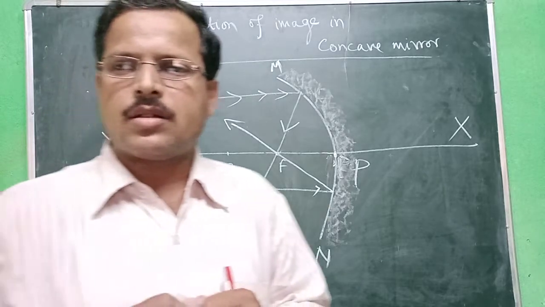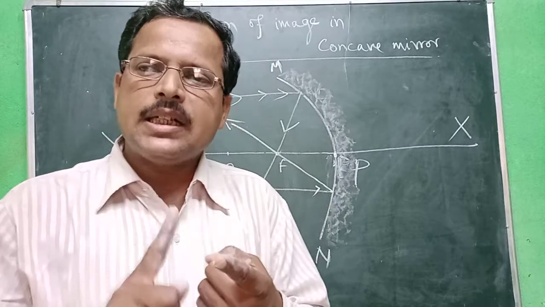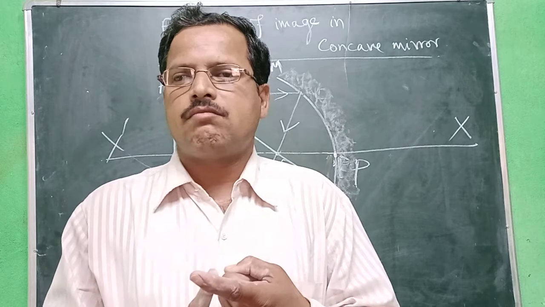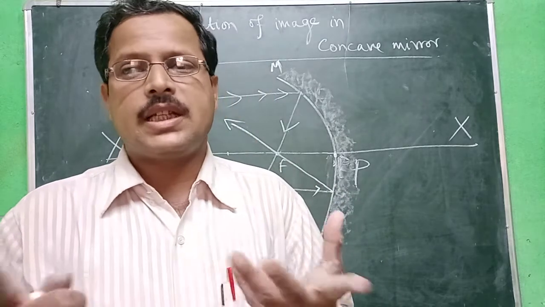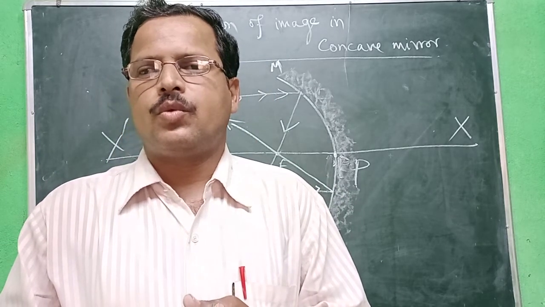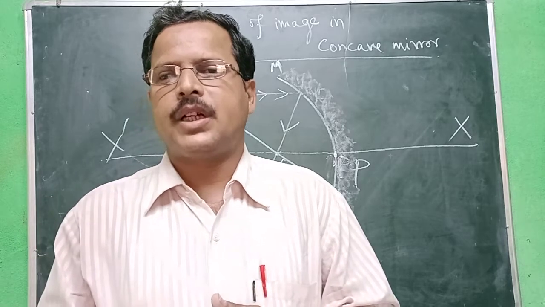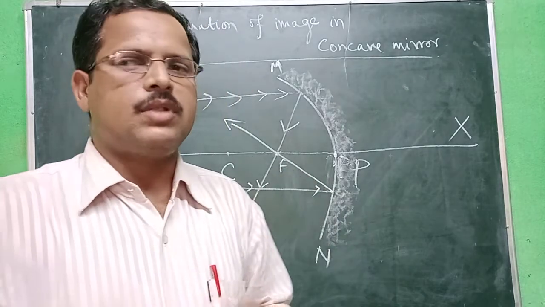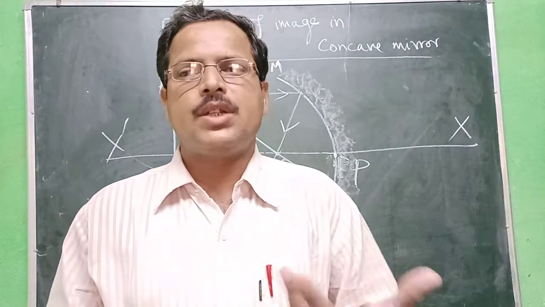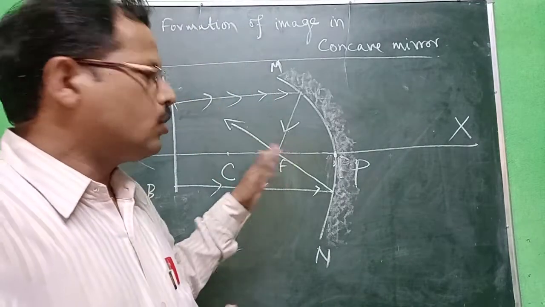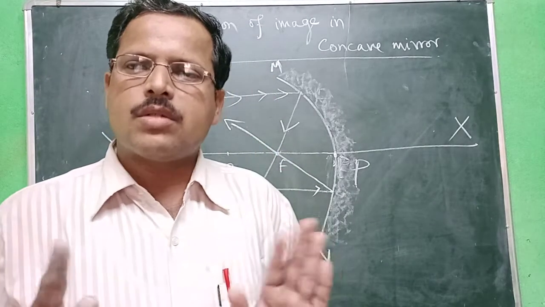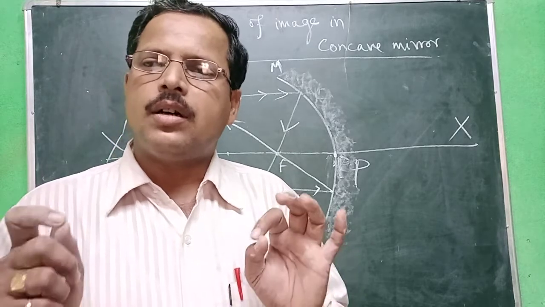What is a real image? The image which can be captured on a screen is a real image, and the image which cannot be captured on a screen is a virtual image. So all images produced by a concave mirror are real images.